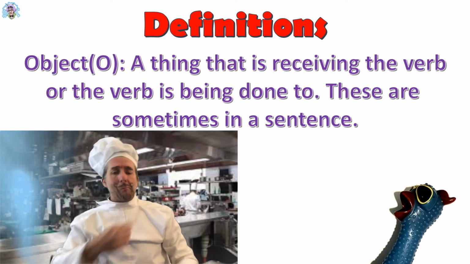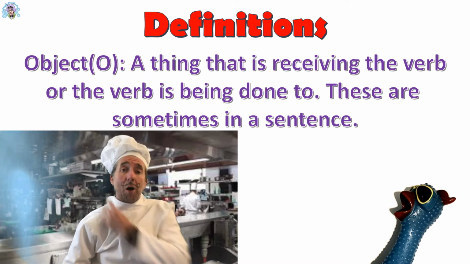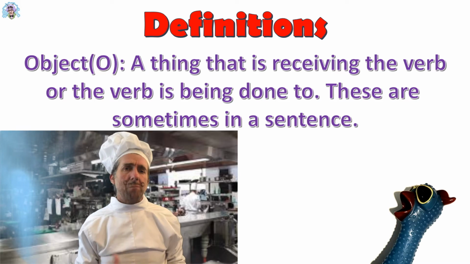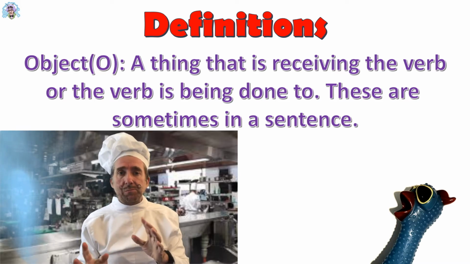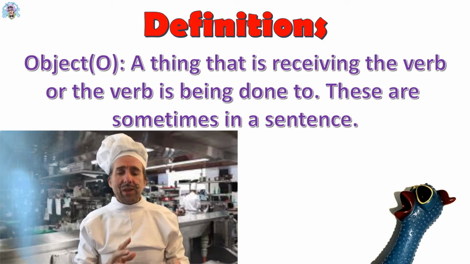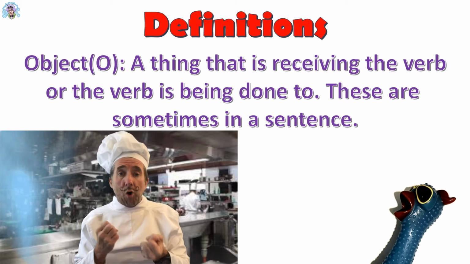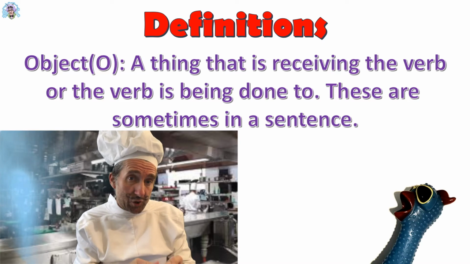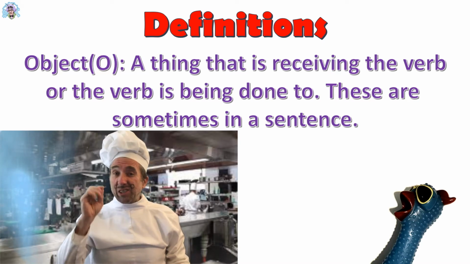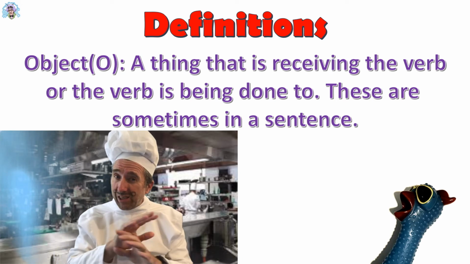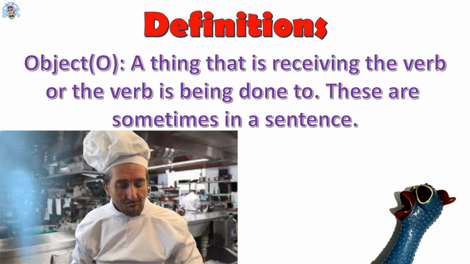Now, on to the next one. Definition of object. What's an object? Well, objects are sometimes in sentences, and they are normally persons, places, or things that are receiving the verb, or the action or the verb is being done to. Now, these are only sometimes in a sentence, like I said before, not all the time.